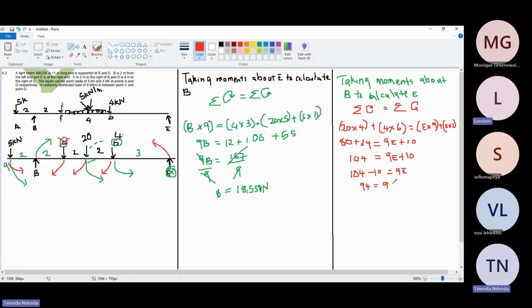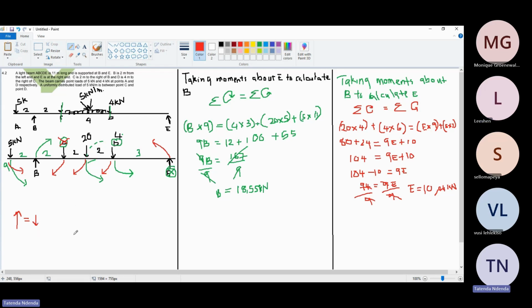So we divide everything by 9. This one cancels here, and this one cancels here. How much do you get for your E? 10.44 kilonewtons. Now we're going to balance it and say upward is equivalent to downward.